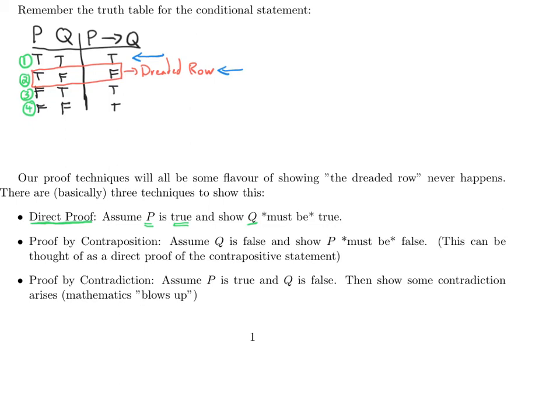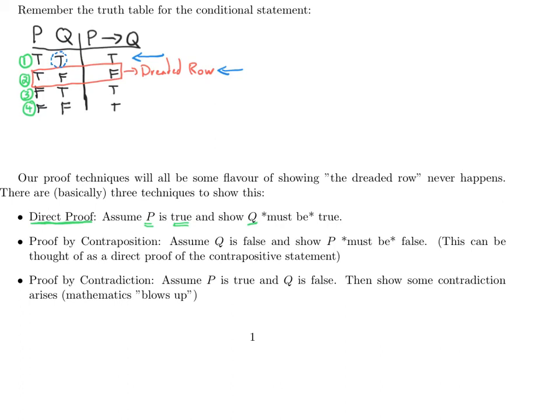So the whole idea will be showing that it's impossible to be in row 2. That if you can possibly be in row 1 or row 2, you must be in row 1, which means that Q must be true. So that's how a direct proof works, and we'll get lots of practice with this in the next coming videos.